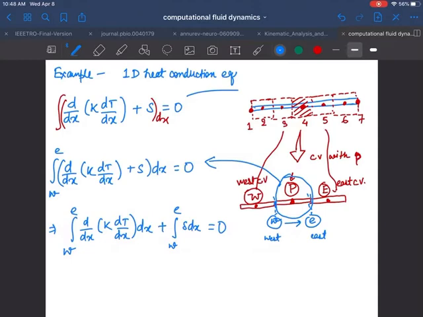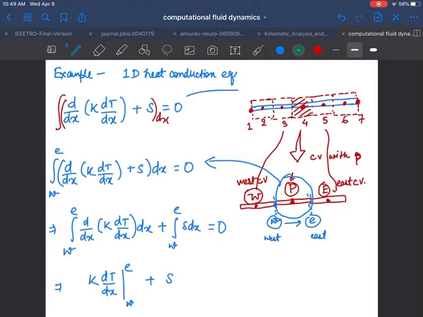Now we can integrate it and write k dT by dx from west to east plus S, and we should also write the length of these elements.